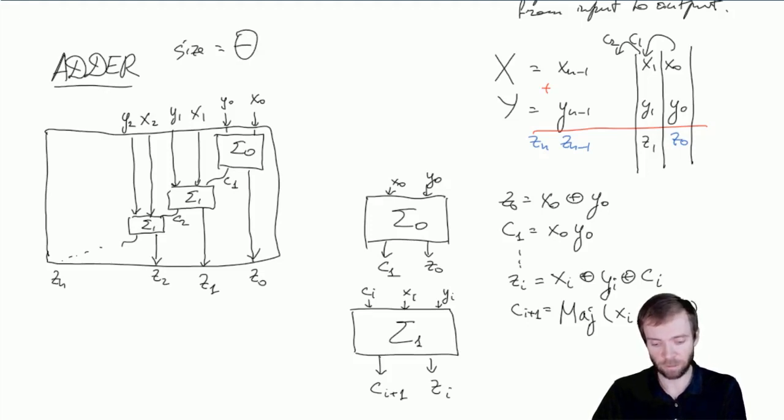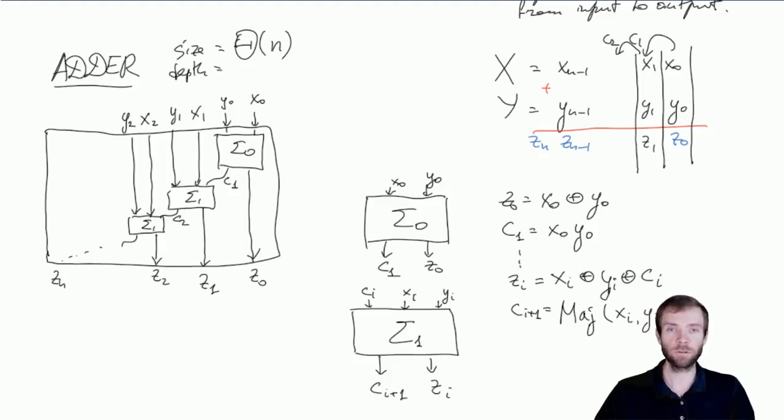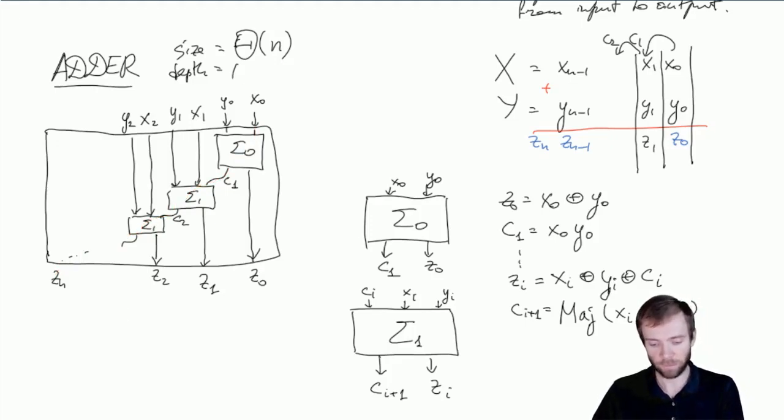So the size is big theta of n, the size of input numbers, and the depth of the circuit is, unfortunately, also proportional to the number of inputs, because we have this longest path from, say, x0 through the carry bit c1 to sigma 1 through the carry bit c2 to sigma 2 that computes the z2 output, and so on and so forth. So we have this path which has length also proportional to the number n. So the depth of our circuit is theta of n as well.